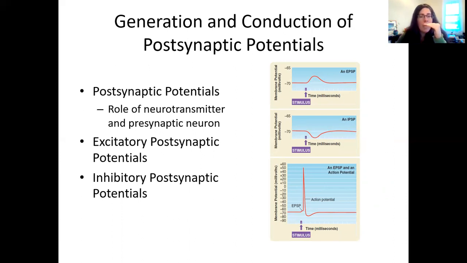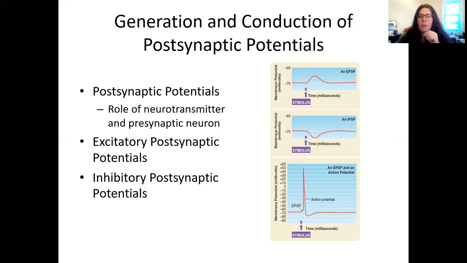Once it reaches that point, there's a rapid depolarization. You can see this peak. The cell becomes less negative to the point where it moves over zero, and the inside of the cell is now more positive than the outside of the cell.